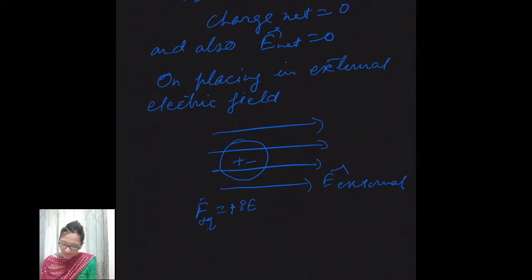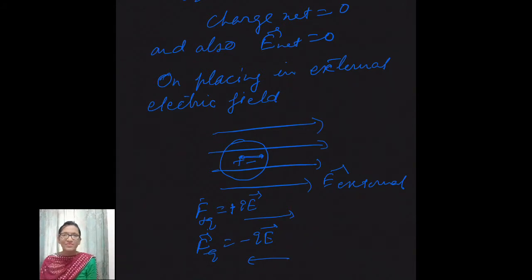Due to the influence of that force, it will be moved along that direction. And force on negative charge, minus Q, will be in the opposite direction of the electric field. So negative charge will be displaced along this direction. So the two charges are separated.